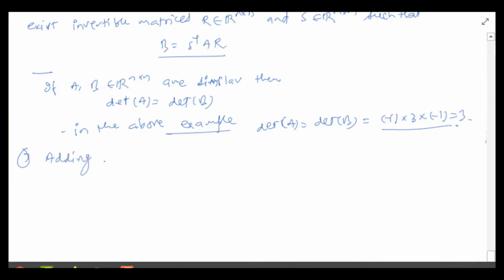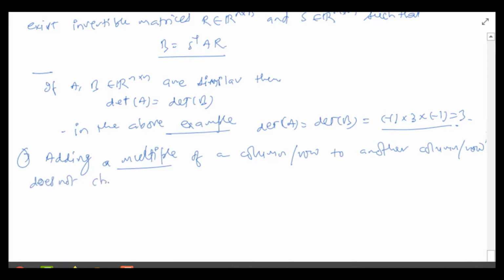Adding a multiple of a column or a row to another column or row does not change determinant of A. Let's see an illustration of this property.